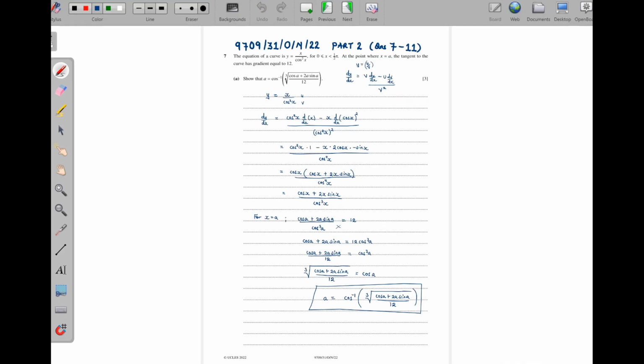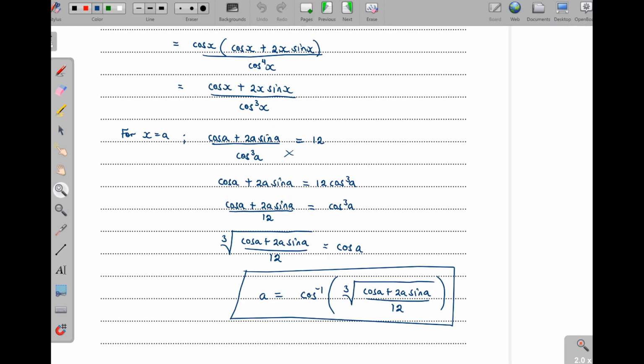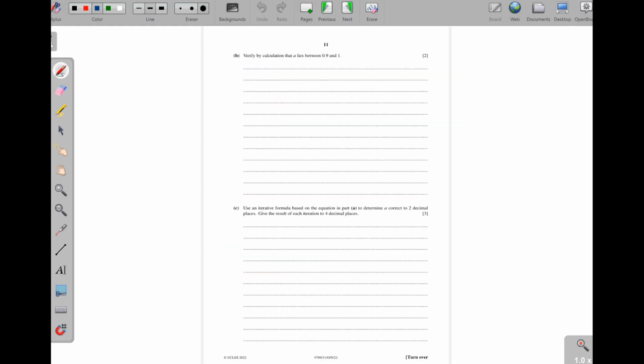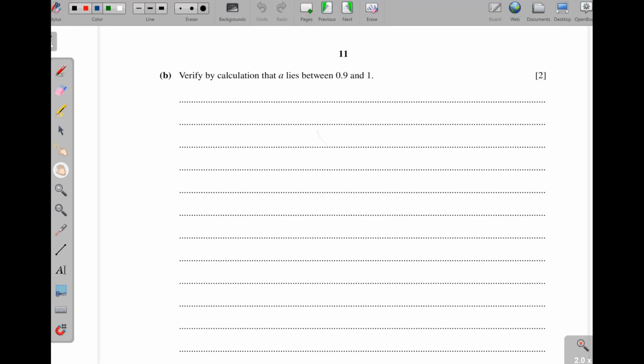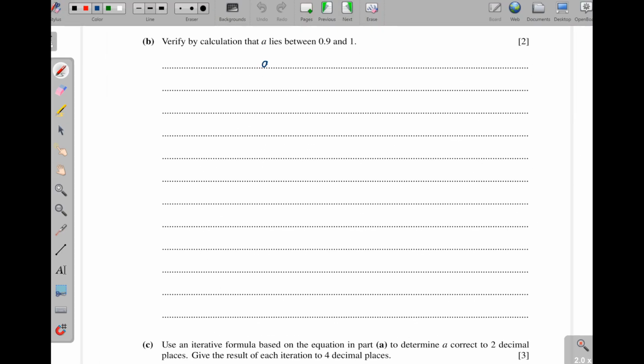Now, what we are going to do, when you come back here, you bring this one this side. You can take this one this side, or you can take the other side to form a function. You see that? So we are going to have our a here. Let me first write it. a is equal to the arc cos of the cube root of cos of a plus 2a sine of a, then out of 12.